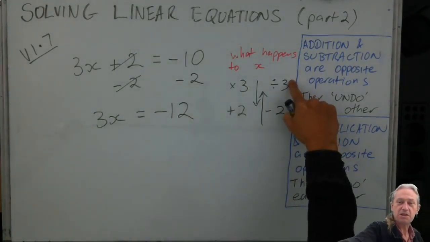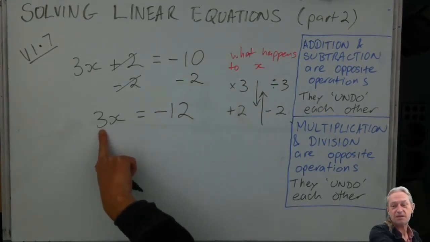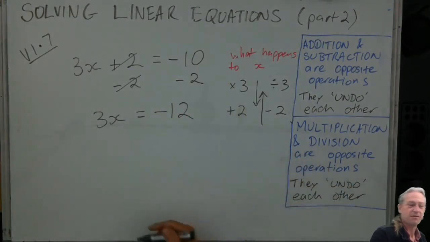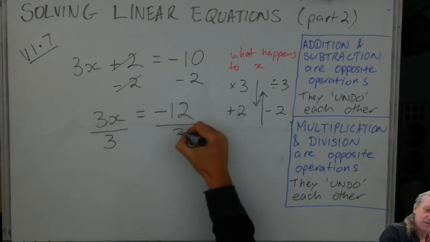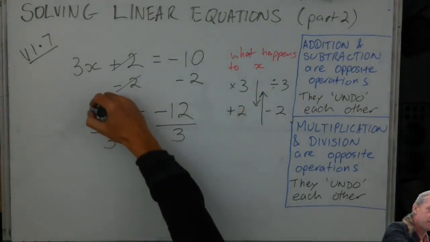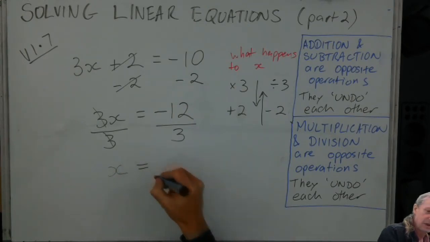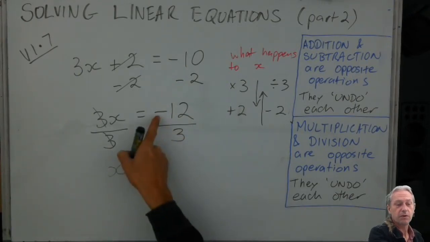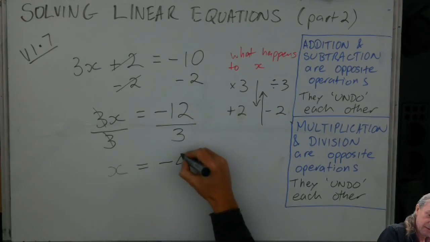And now we just need to divide. We want to move this 3 away from the x. So because it's being multiplied, we then divide by 3. And we always do the same thing on both sides. So over here on the left, that cancels and we end up with x on its own. 12 divided by 3 is 4, but a negative divided by a positive is going to give us a negative result.